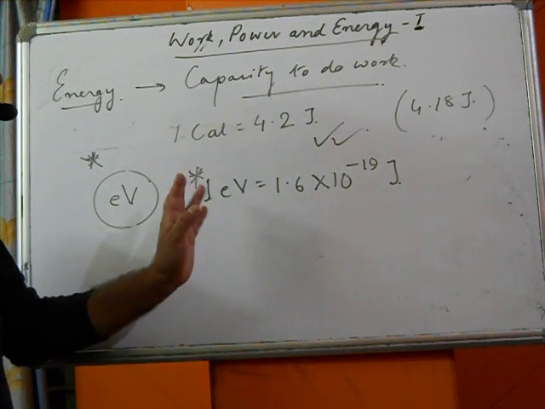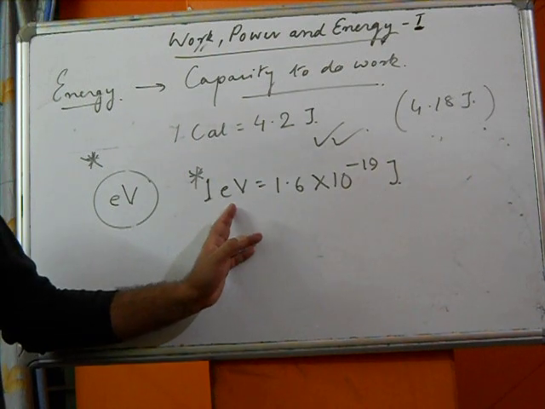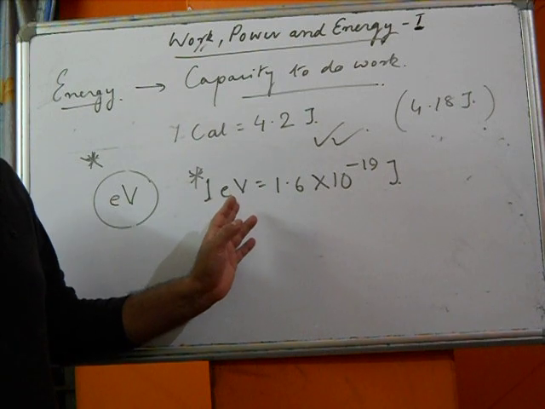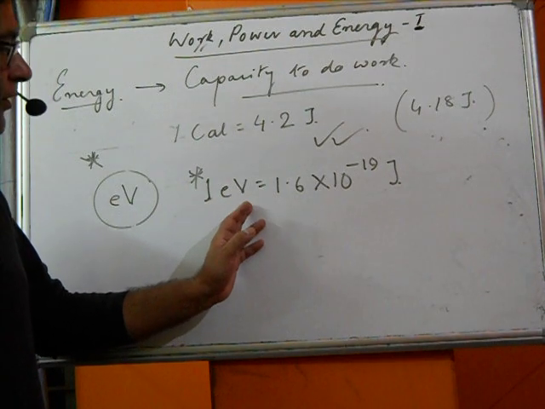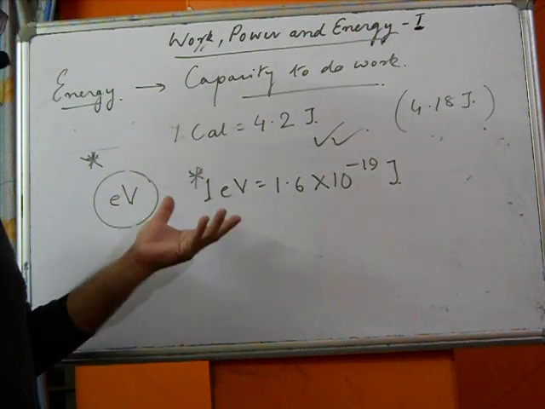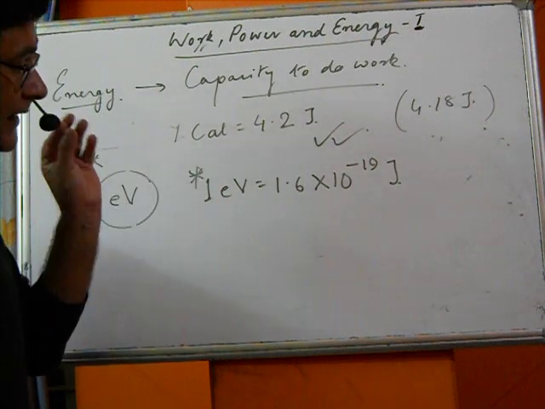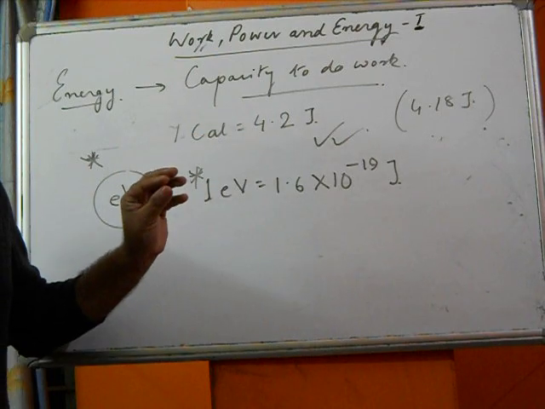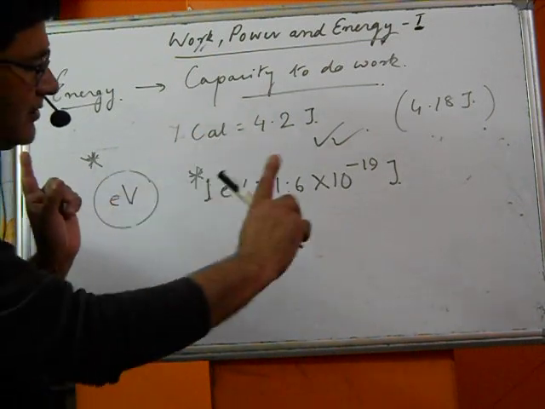So what is 1 electron volt? 1 electron volt is the energy spent by an electron when it is accelerated by a potential difference of 1 volt.